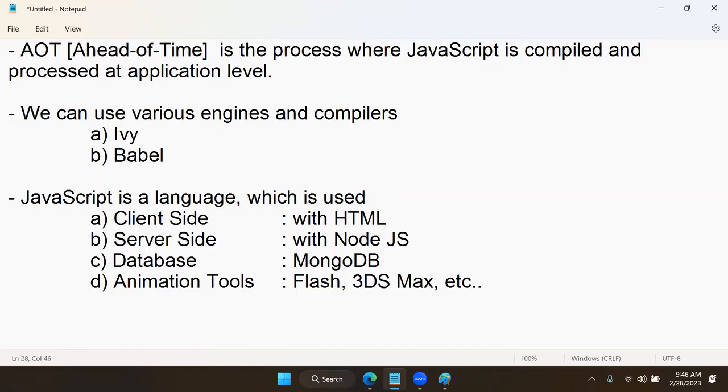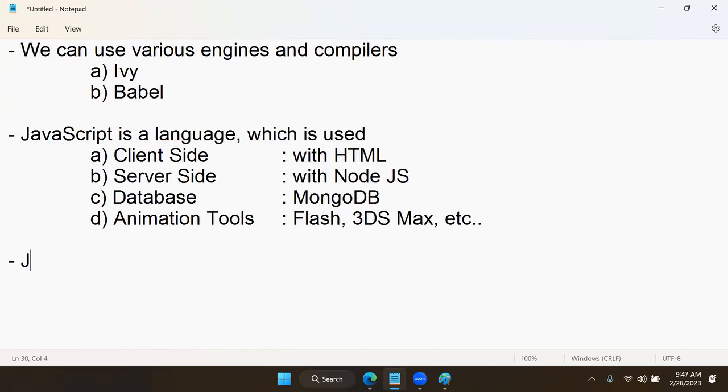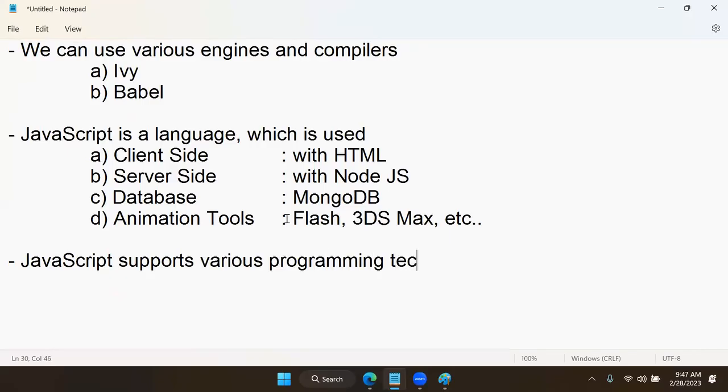So technically, JavaScript is a language. Always say this point, JavaScript is a language. We can use it in various ways, client side, server side, depending on the requirement. It is used everywhere. Actually, JavaScript supports various programming techniques and approaches.